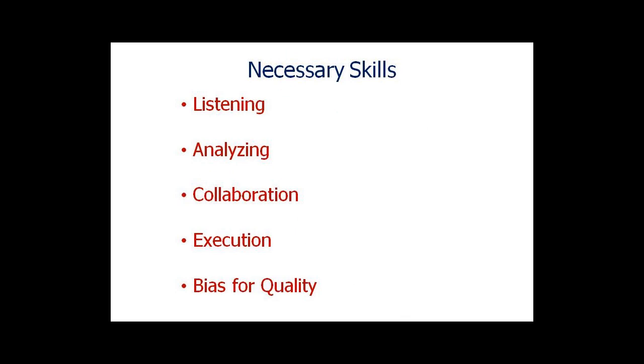For example, the number 1 skill that we emphasize in Project Portfolio Excellence is the skill of listening. If you'll remember, in the presentation on the Project Triad, we talked about how each of the 3 groups in the Triad has exclusive information that the other 2 groups don't have, and it's only when we can combine this information effectively that we can get the best overall big picture view of the project and what we're trying to accomplish.